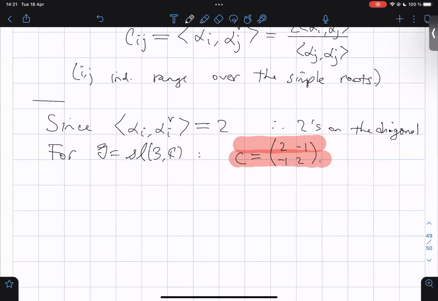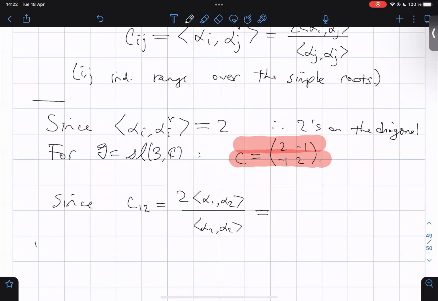We know about the 2's on the diagonal. So let's recall, C12 is 2 alpha 1 alpha 2 over alpha 2 alpha 2. And we have that matrix from before. Previously we had this 1/6 times 2, minus 1, minus 1, 2 as the alpha i alpha j matrix.